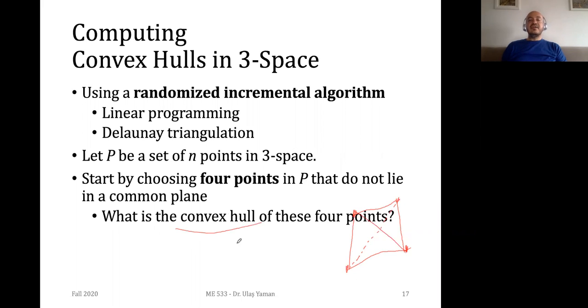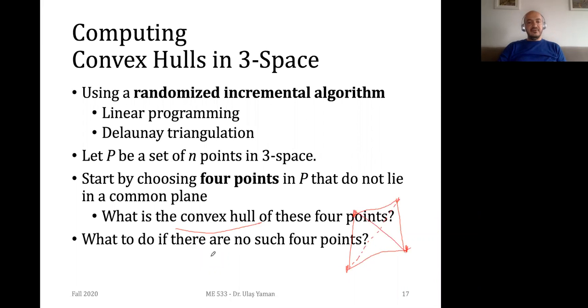So at the start of this algorithm, we have the convex hull of these 4 points, which is the tetrahedron composed of these 4 points. The only case where you cannot have this tetrahedron is if they are on the same plane. Otherwise, you can always form a 3D shape and continue with the other points.